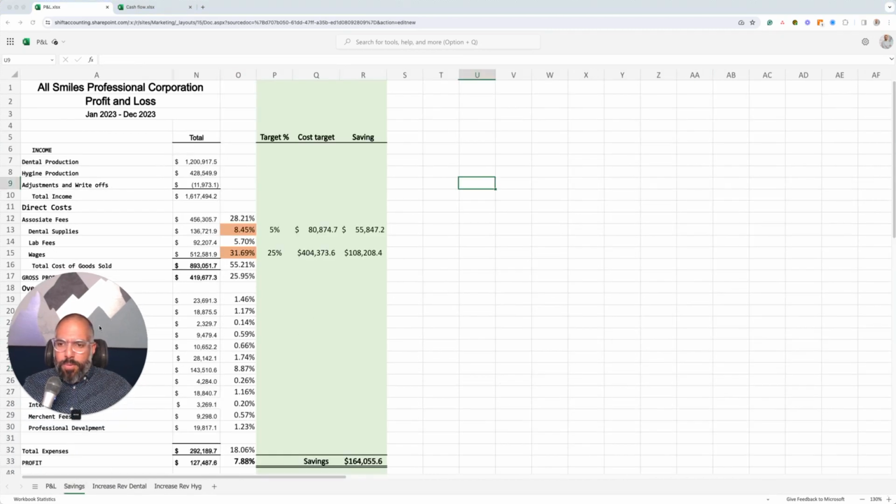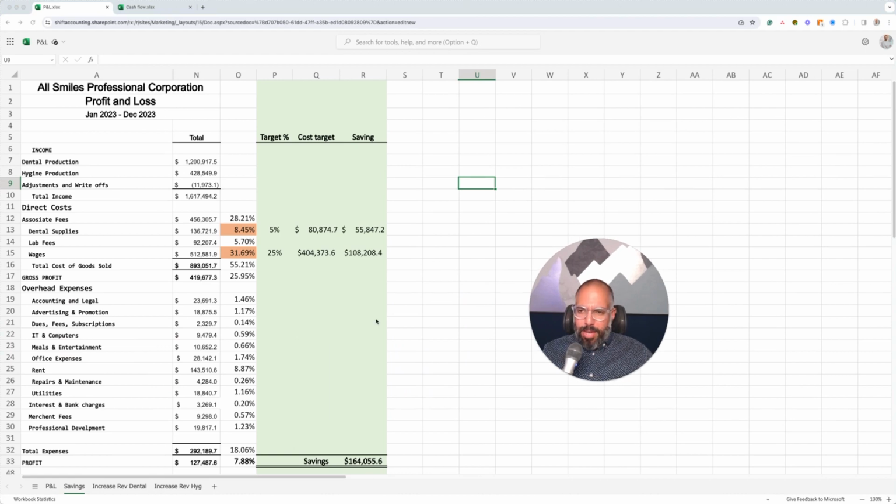So if everything is the same, and we're able to manage our cost, what would that impact look like for this hypothetical clinic? Number one, for dental supplies, it shows 136,000, total dental supplies at almost 8.5%.